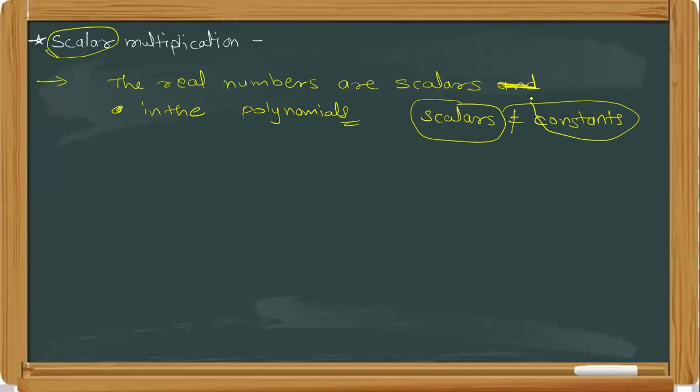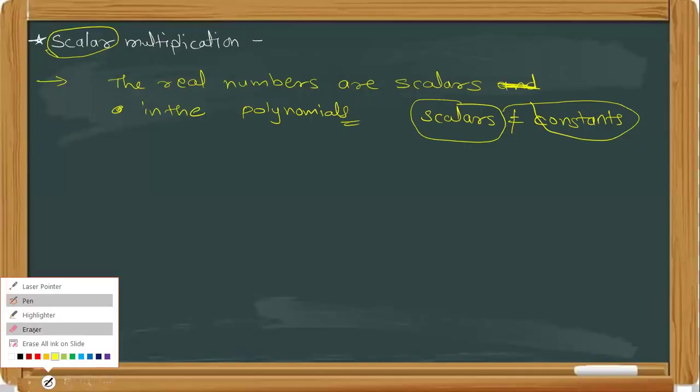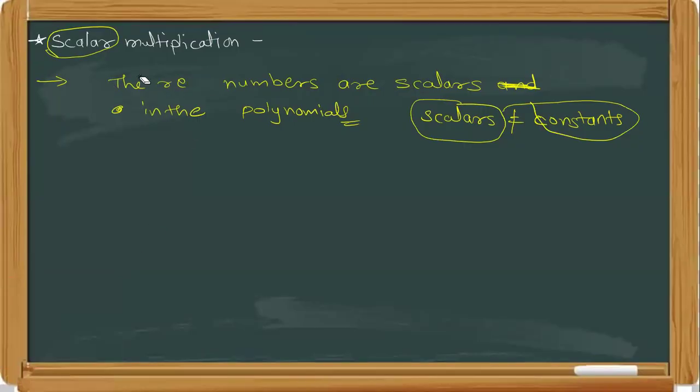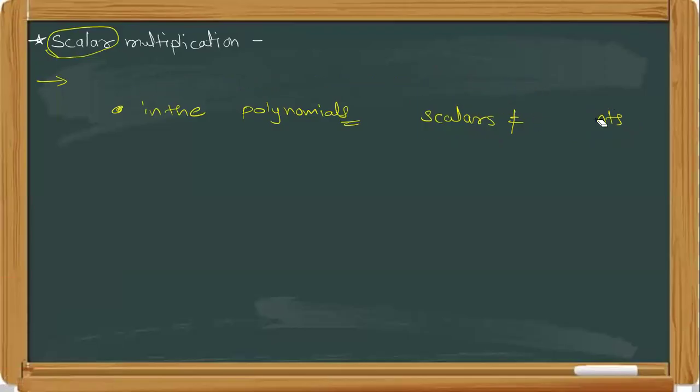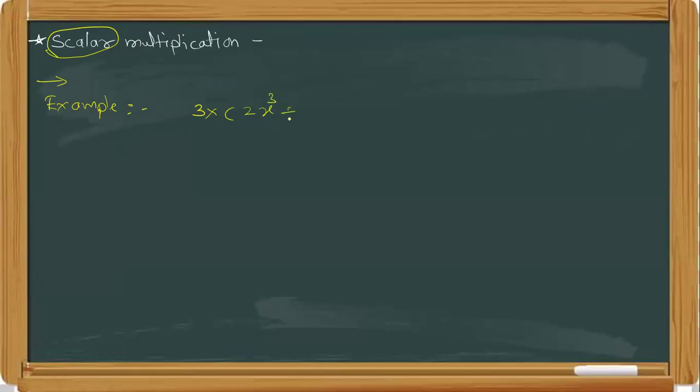Now, scalar multiplication. Let's go towards actual scalar multiplication. Example: 3 into 2x cube plus 4x minus root 3.